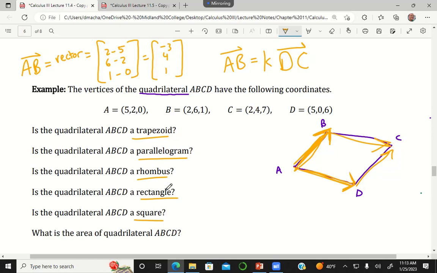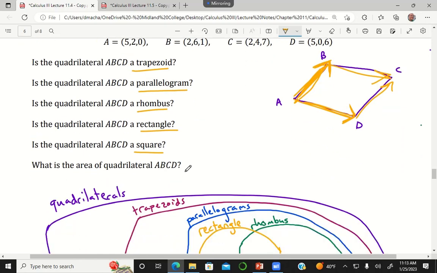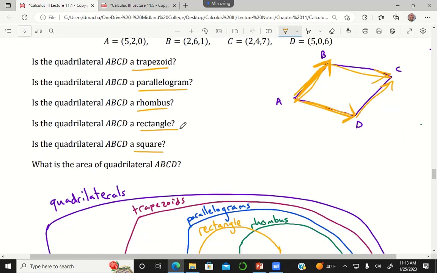Okay, so how would I check if it's a rhombus? Remember, a rhombus has all sides equal length. So I could take the norm of these 4 vectors and see if they all have the same norm. In that case, I have a rhombus. I could check if I have a rectangle. How?